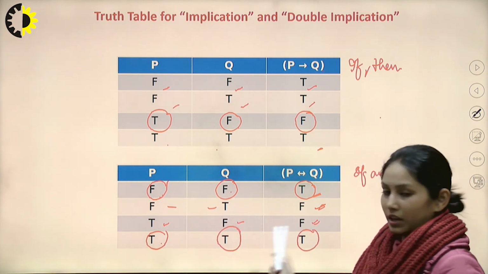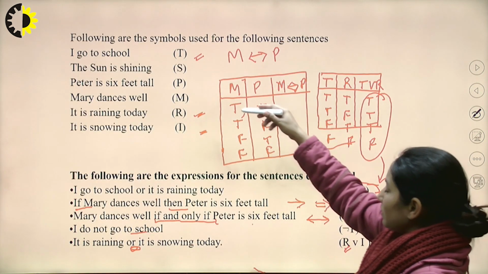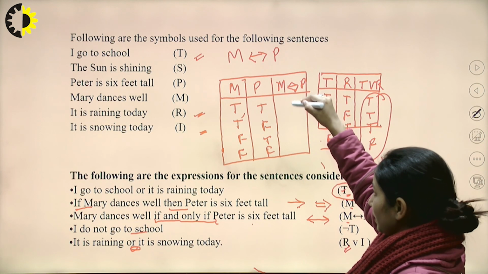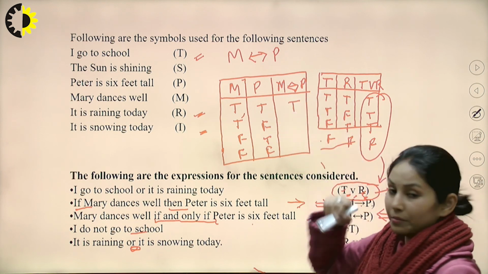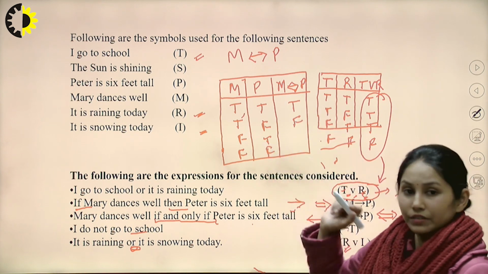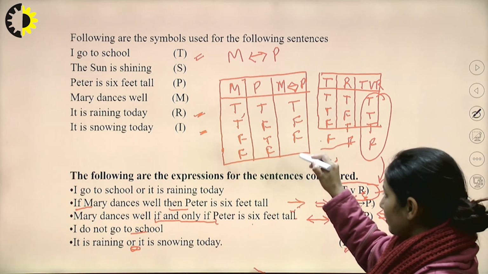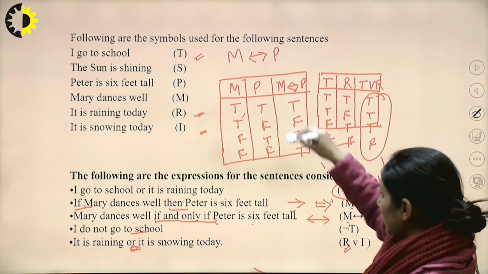Otherwise, for every other option, it would be false. So in this example, TT will give you T, TF will give you false, FT will again give you false, and FF will give you T. So this is the output for this sentence.